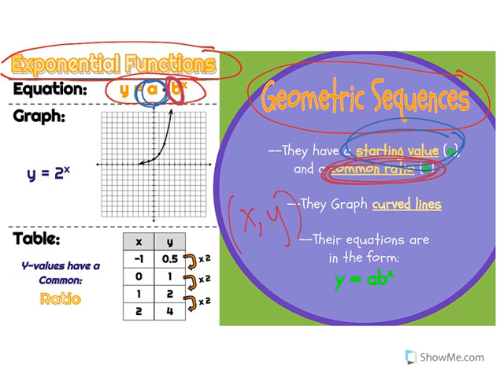These graphs have curved lines, and you'll notice there's always a point that they never go below. For us, that is going to be 0. They're never going to be negative. They're always going to get really close to the x-axis, but never quite there, okay?